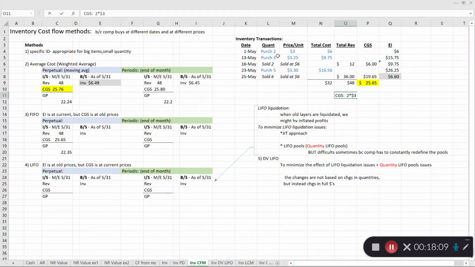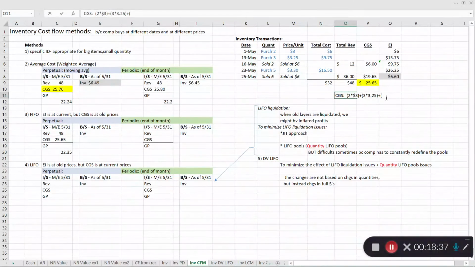Then, for the whole period, you're going to go in there and get the next layer, which is 3 units at 325. And then you still have 3 more units to account for because you sold 8 in total. So that's 2 here, 3 here, we need 3 more.